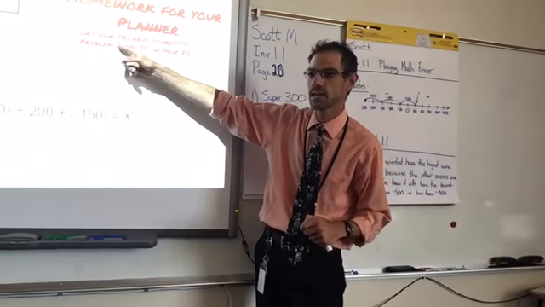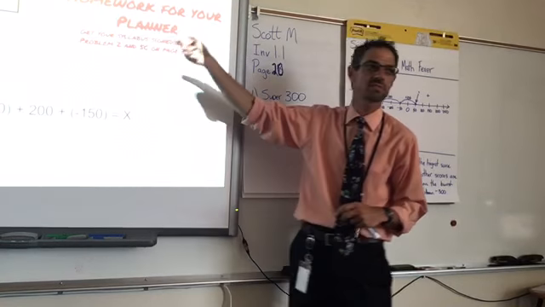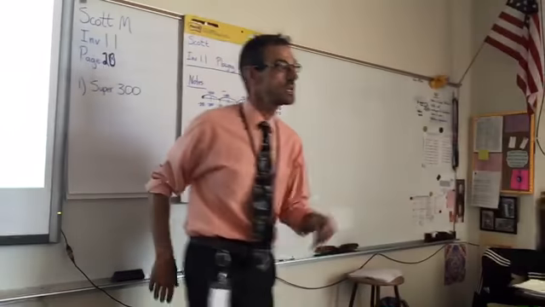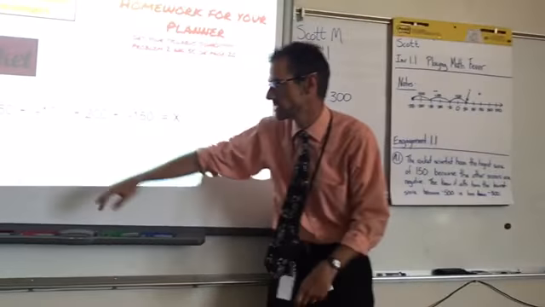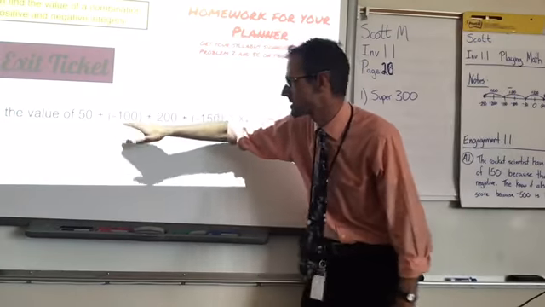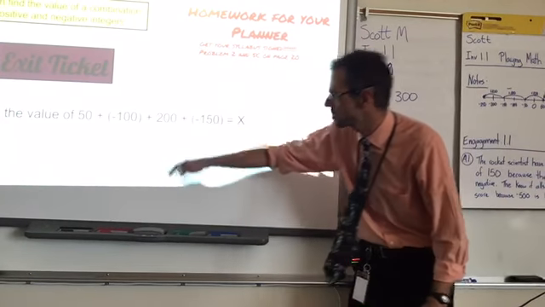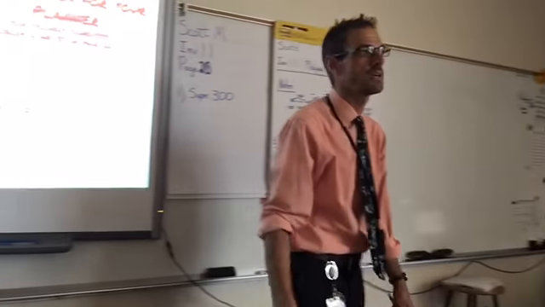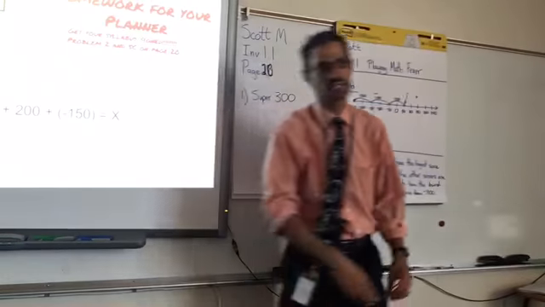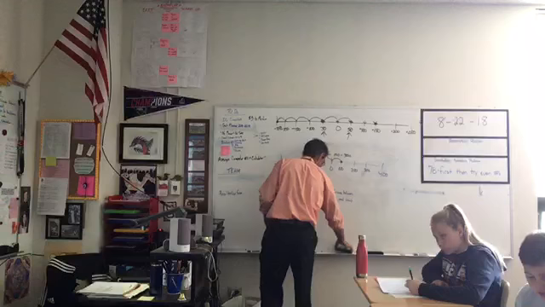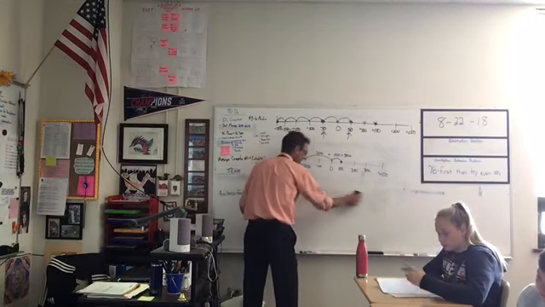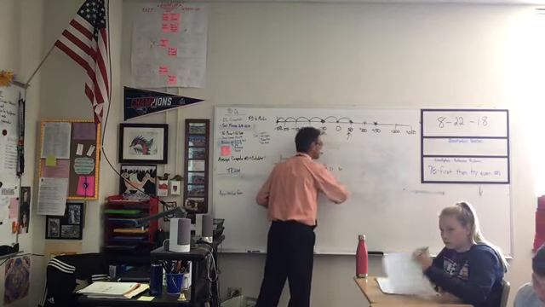So, again, in your planner, problem 2 in 5C. Super important that you guys do this. On your exit ticket, here it is. 50 plus negative 100 plus 200 plus negative 150 equals X. Tell me what X is. What does X equal? Use your number line, okay? It's going to help. You do that number line, it will help.